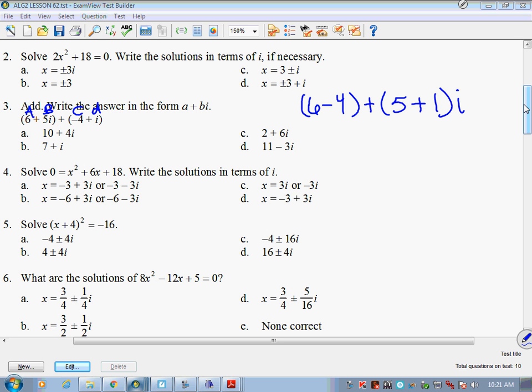So what is 6 minus 4? 2. What is 5 plus 1? 6, times i. So I should get 2 plus 6i. Is that hard? We just have to remember that it's a plus c, plus b plus d with the i on the outside.